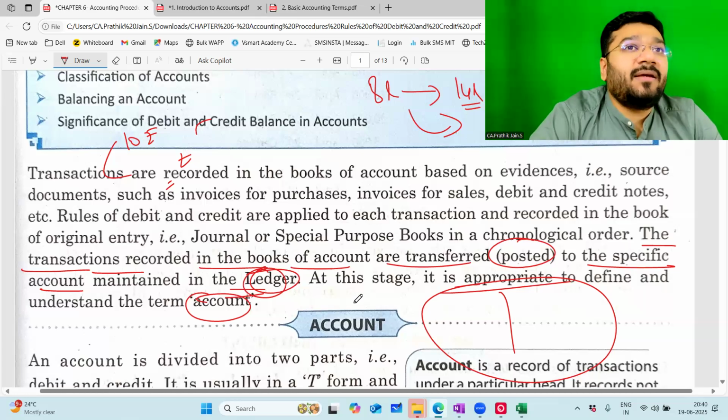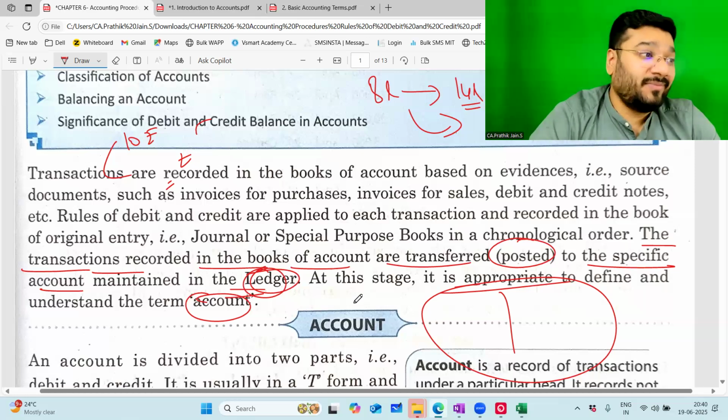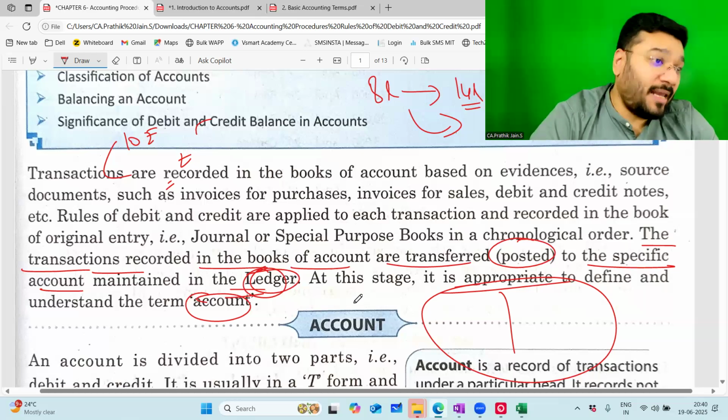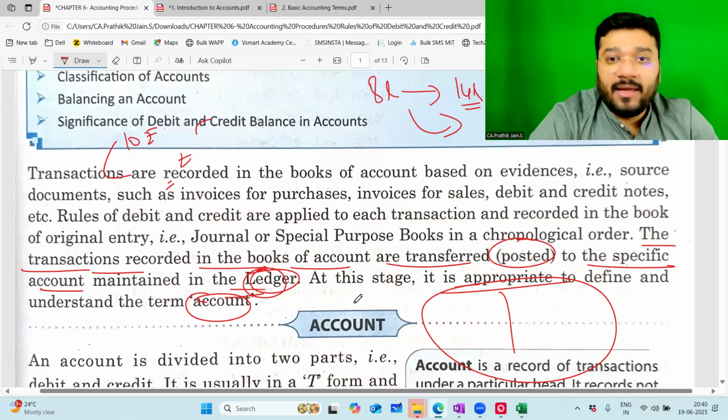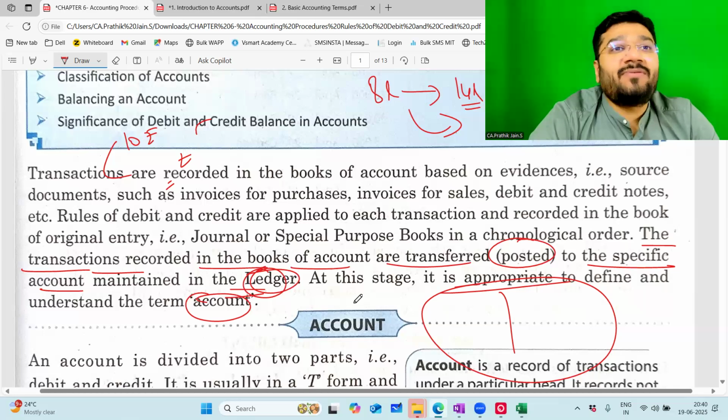So if any CA is found aligning with the business to do any window dressing or manipulation, and is found out by the government later, the CA might face heavy consequences, not just from the department but also from the CA Institute. So ideally this is not allowed. This is a violation of ethics. If any auditor helps in window dressing for the client, it's purely a violation of ethics, and the auditor has to go through severe consequences. What about the business? The business will be taken care of by the government.